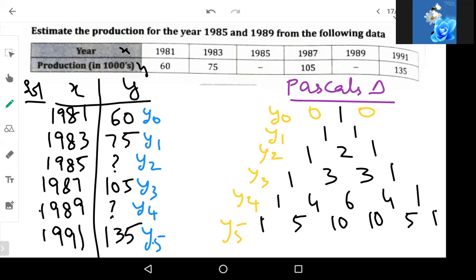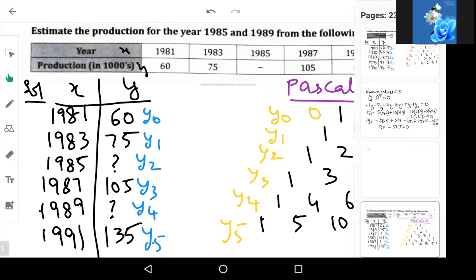Now the coefficients that has to be considered is 1, 5, 10, 10, 5, 1. Okay. Now if you see these numbers here, how many numbers do we know? We know the data for 1981, 83, 87, 91. So 1, 2, 3, 4. 4 data are the known values.